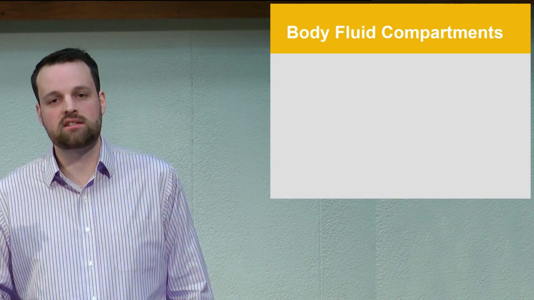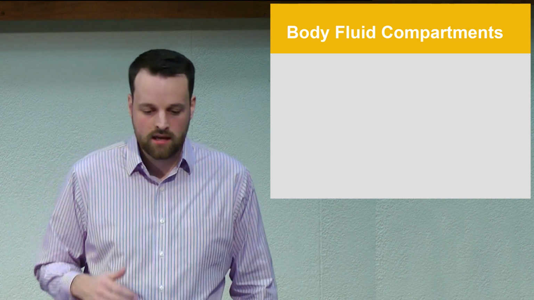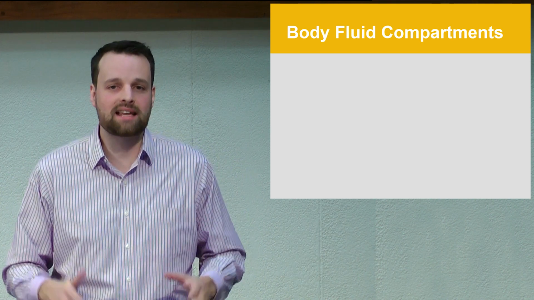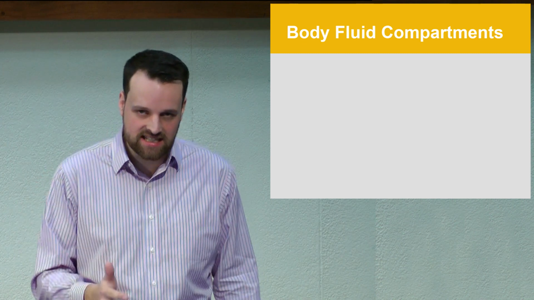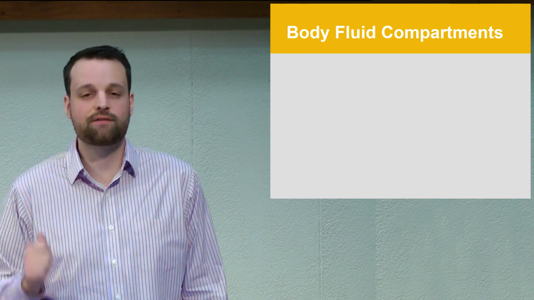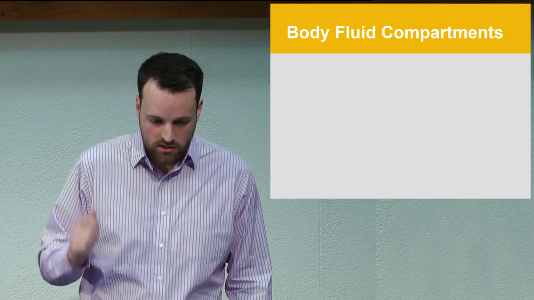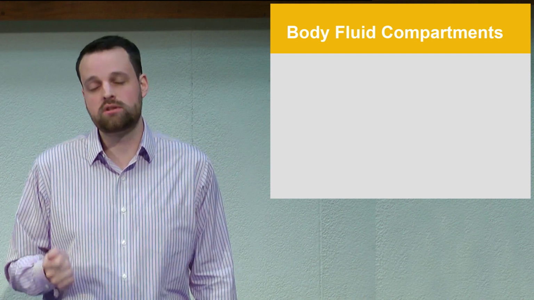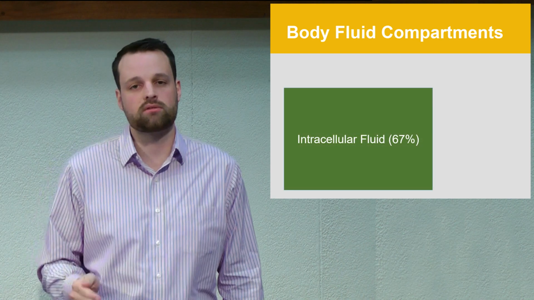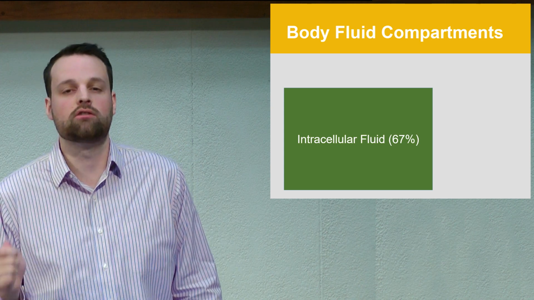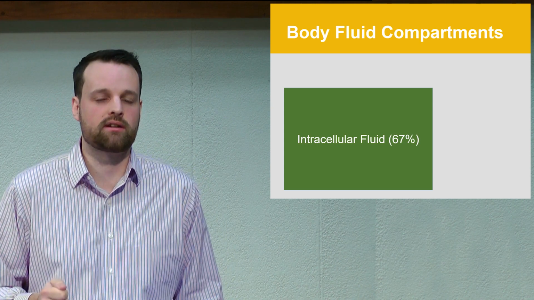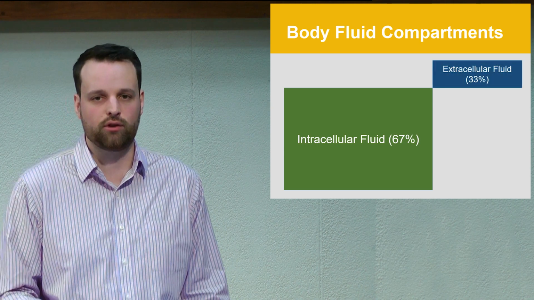Before going further, let's consider a few basic facts. The average 70-kilo man is our textbook man. He's 60% water, so that's 42 litres. So 2/3 of his 42 litres are going to be in the cells, and that's the intracellular fluid. And the remaining third is going to be outside of cells, and we call that the extracellular fluid.